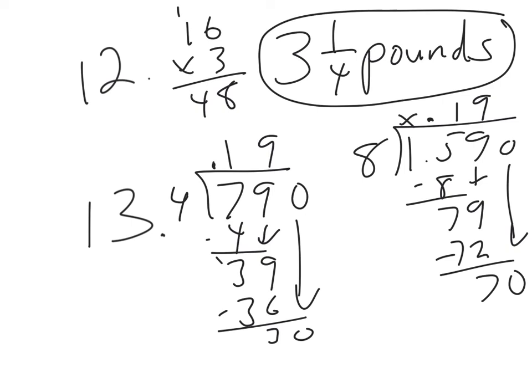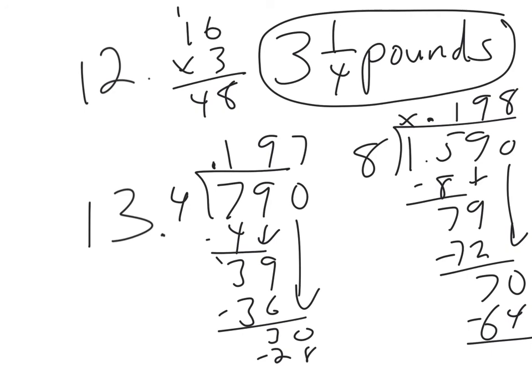4 goes into 30 7 times. 7 times 4 is 28. Subtract, get 2. Okay, and I'll go to the other side and see what number we have there. 8 goes into 70 8 times. 8 times 8 is 64. So I have 19 7 thousandths of a penny and 19 8 thousandths of a penny.